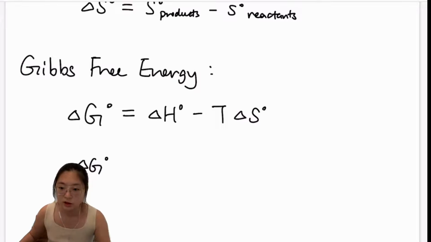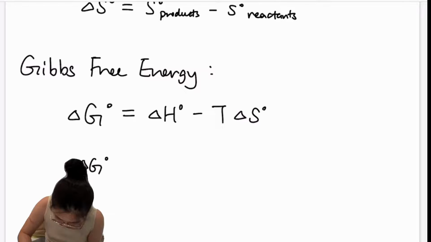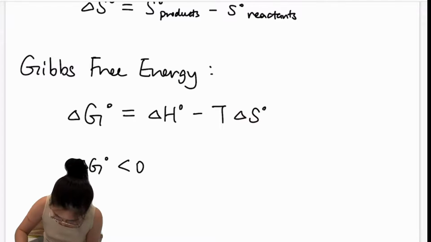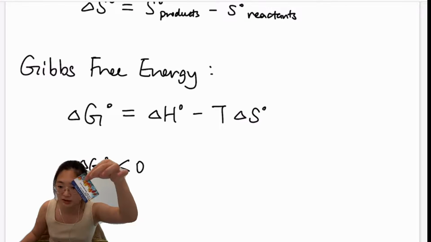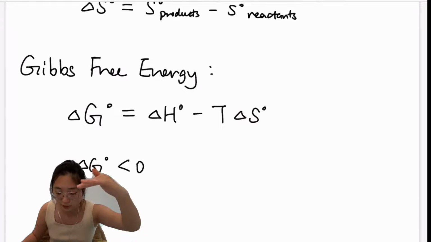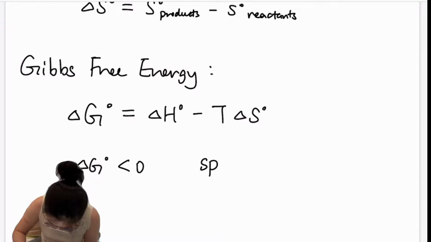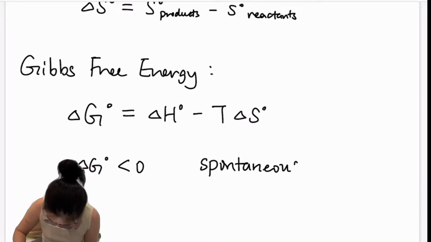So these are what we call a spontaneous reaction or thermodynamically favorable reaction. When delta G, the change in the Gibbs free energy, is less than 0, then this process is spontaneous, such as me dropping this card and it just goes down. This dropping process is a spontaneous process or thermodynamically favorable process. So these two terms are exactly the same.